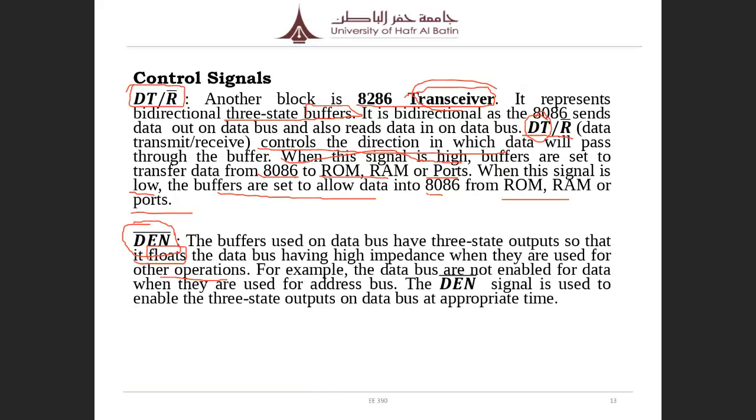And what about the other two states? It may be 1, it may be 0. So 1, 0 and high impedance, that's why it is called a 3-state output. The data buses are not enabled for data when they are used as address bus. So the DEN signal is used to enable the 3-state output on the data bus at the appropriate time.